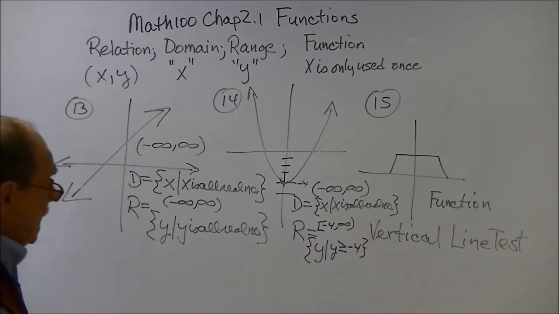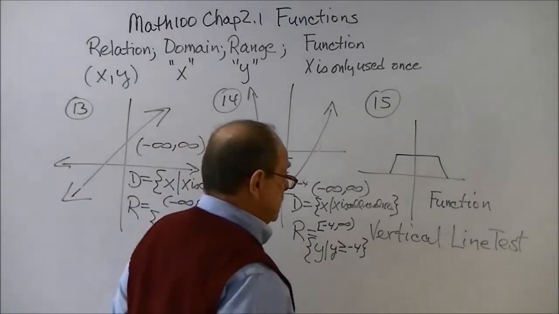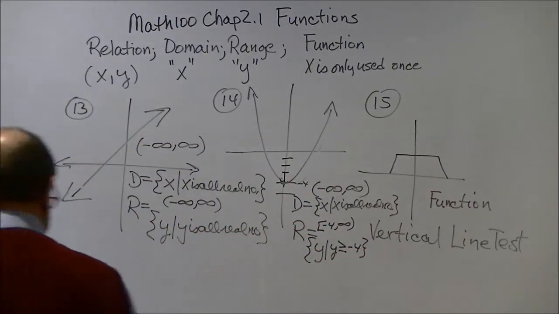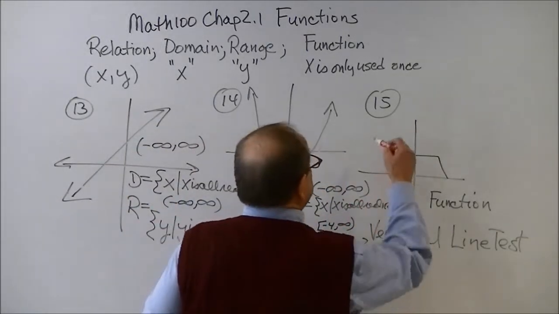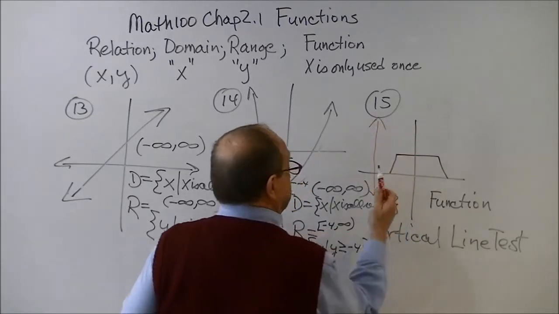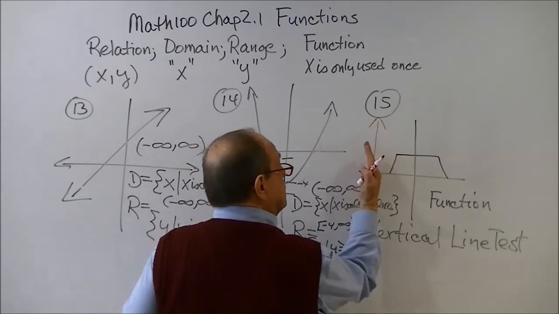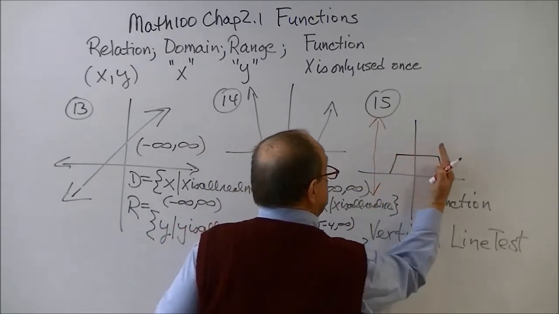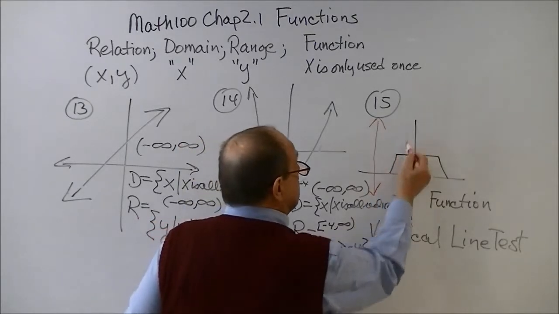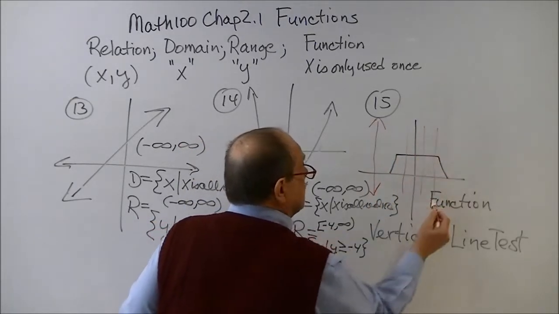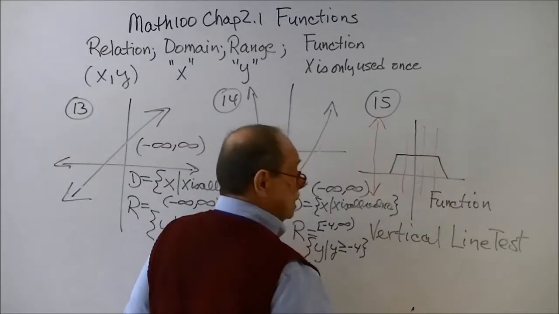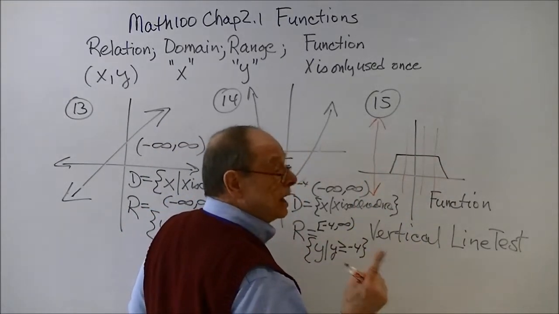All right, in this last one, one of the things we would do is what is often referred to, let me put this in red. If you were to have a very, very thin line that you move from left to right over the graph, and you see as you move that line, does it intersect with the graph that you've drawn in more than one place?